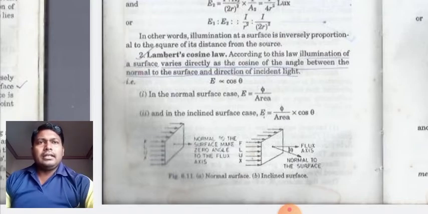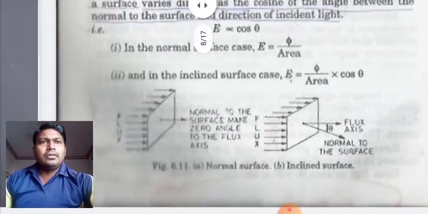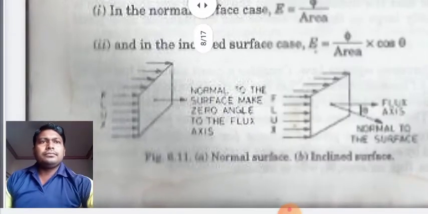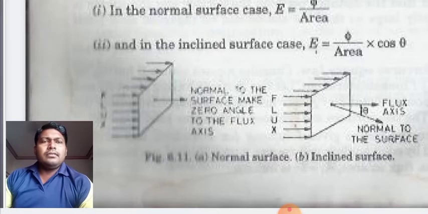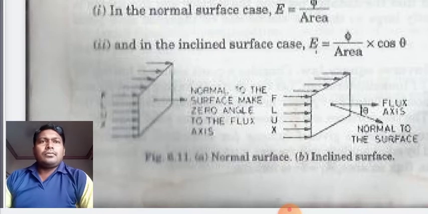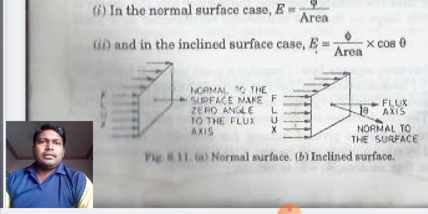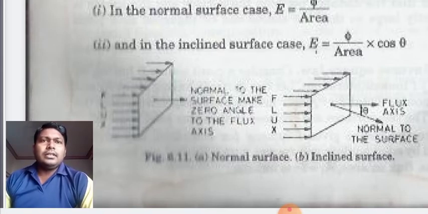Let me zoom it so that it will be clearer. This is the figure where the flux direction has been shown. If the flux is normal to the body whose surface has to be illuminated, then theta is equal to 0 degree. What will be the value of cos 0 degree? It is equal to 1.